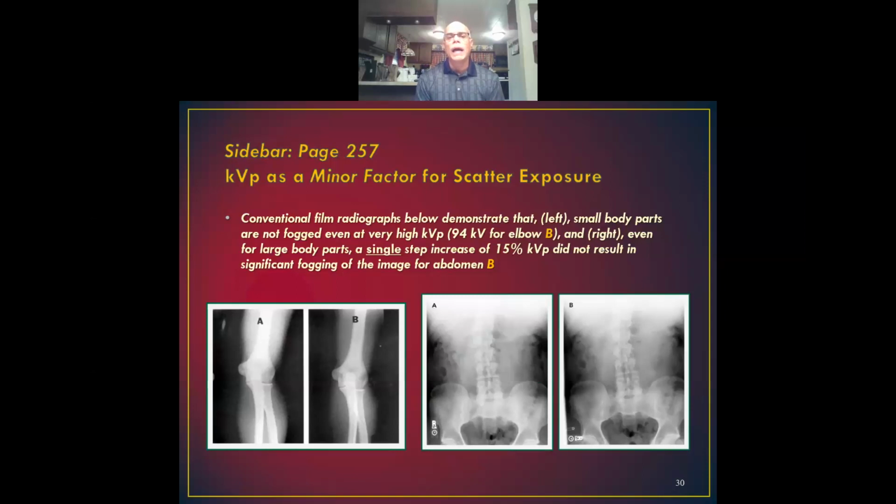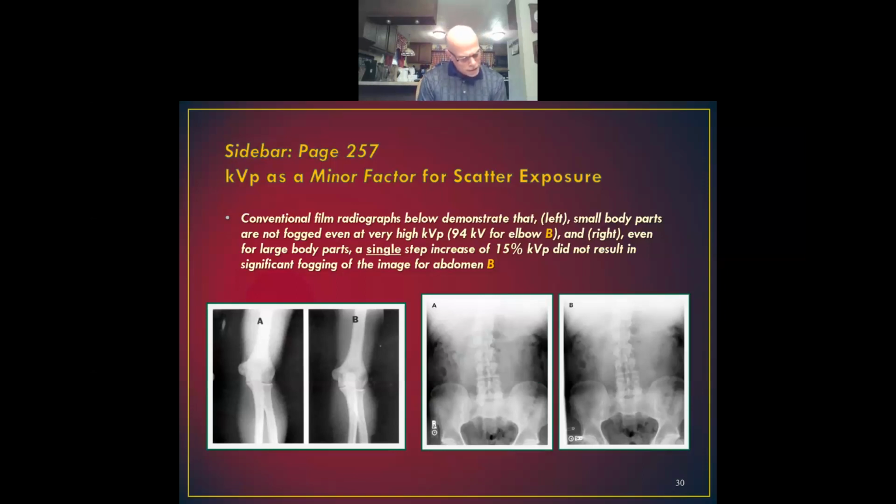And then it says, even this large body part, a single step increase in KVP did not result in significant fogging of the image for abdomen B. Again, you can see that there is a slight change in the scale of contrast as we look at the psoas muscles, and the pelvic wings are a little bit darker. So you are shifting your scale of contrast, but it's not enough to not use the 15% rule to help reduce patient exposure by 1/3.